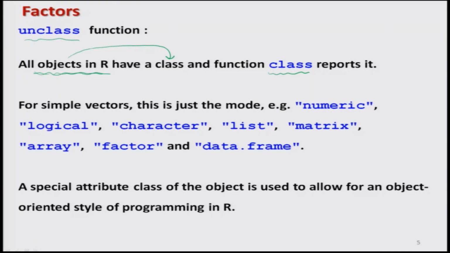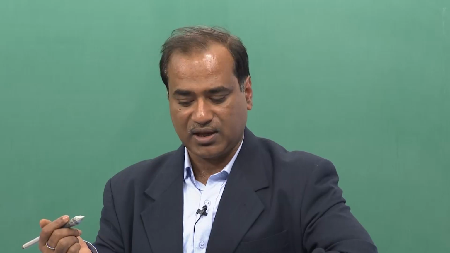Now, to translate it into simple language, you all know we have recently done one function in more detail, called the mode function. Through mode we wanted some information on the mode of the object, whether it is numeric, character or list or something like that.